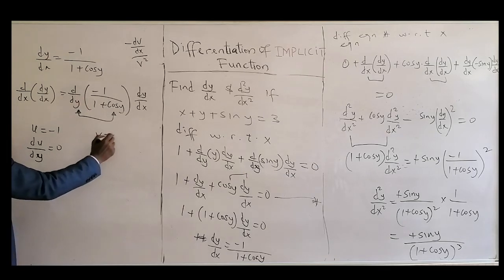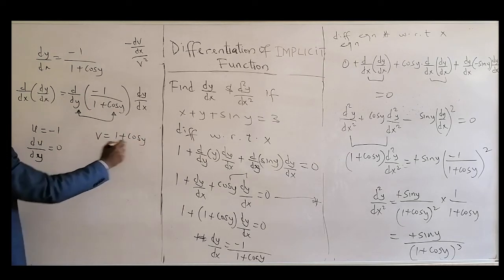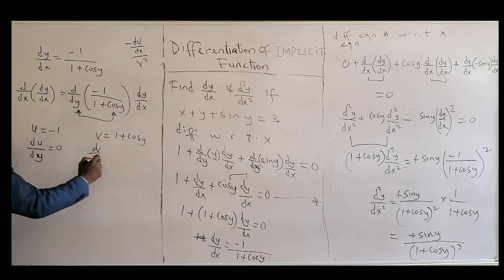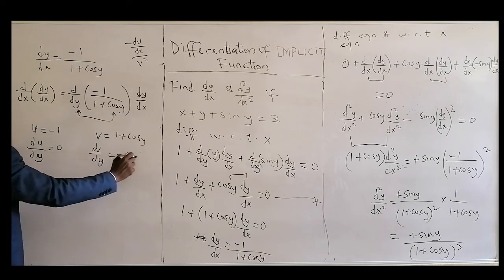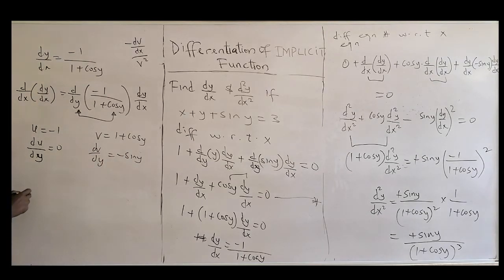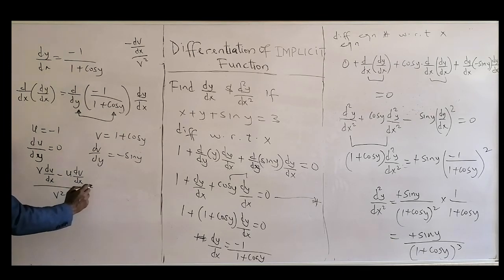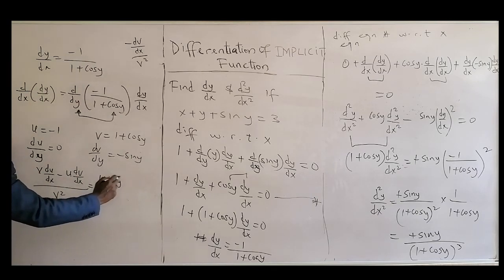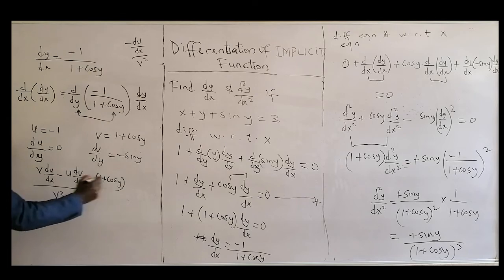My v is 1 plus cos y, then dv/dy is minus sine y. So let's use the formula, which is v du/dy minus u dv/dy, all over v squared. Our v is 1 plus cos y, times du/dy, which is 0.